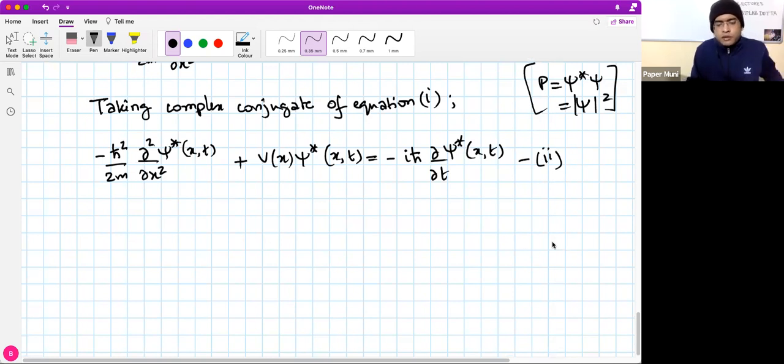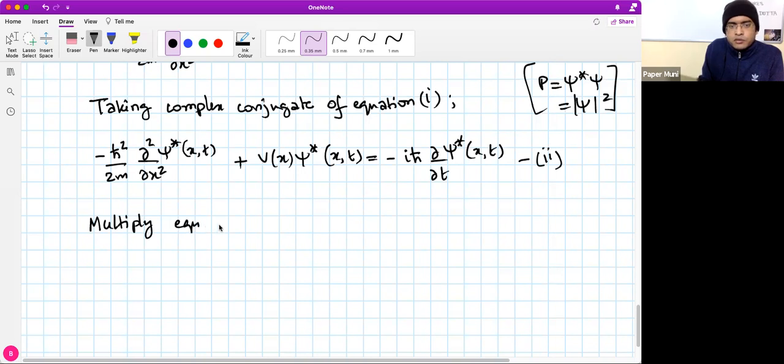Now, we want psi star psi somehow, so we'll do some multiplication. Multiply equation 1 with psi, and equation 2 with psi star.